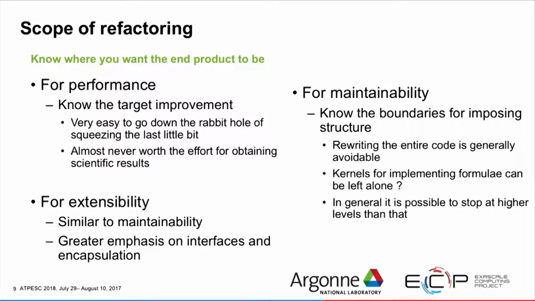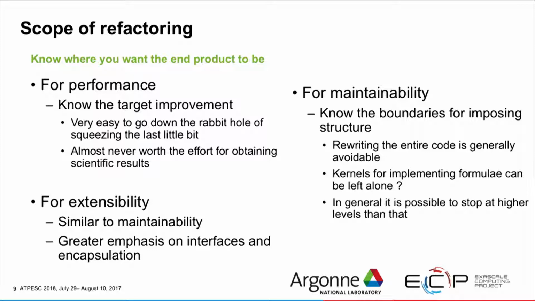If your code is currently running at X% of peak performance of the machine, do you want, at the end of refactoring for the next generation of machines, to still have X%, or are you going to be satisfied with something below X% if the change in architecture is sufficient that it's going to give you other advantages, given the degree of change that might be involved to get that same X% of the performance? Because it is extremely easy to go down the rabbit hole of squeezing the last little bit of performance, and many people like to do it.